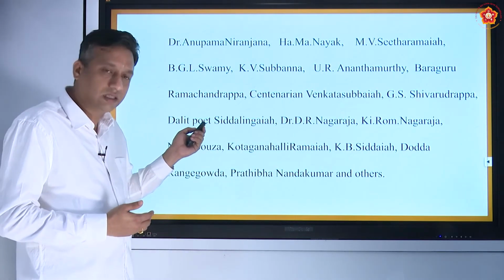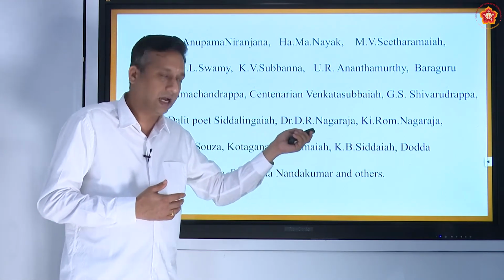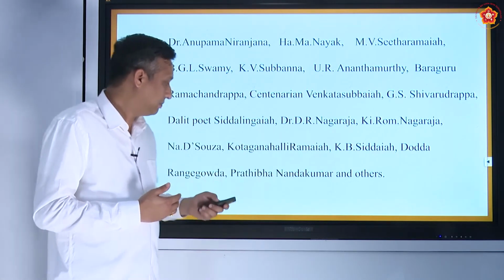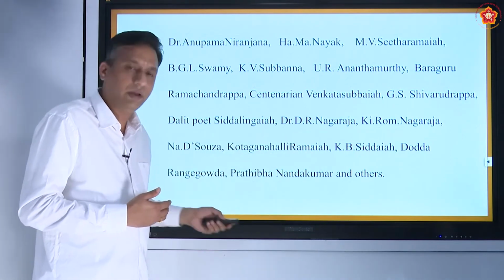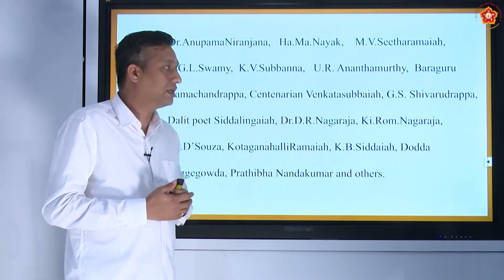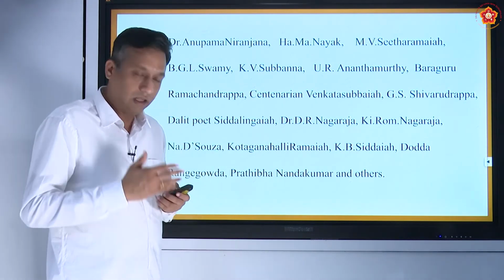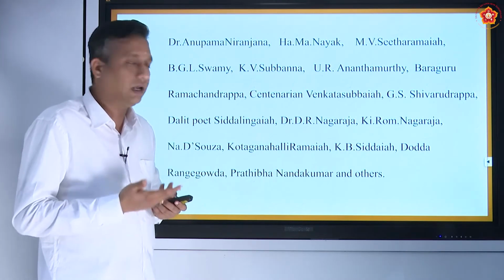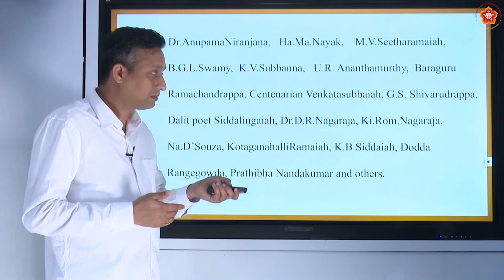Then Dalit poets like Siddhalingaya, Dr. D.R. Nagaraj, Kiram Nagaraj, Na D'Souza. Then this way we have many writers, poets who have written about different aspects about our society, about nature and the existing social condition. So go through this.